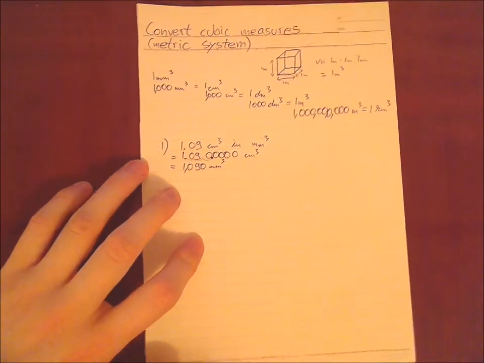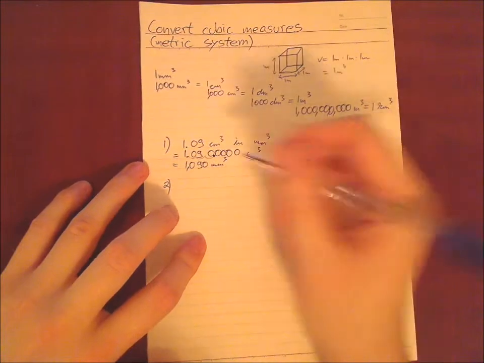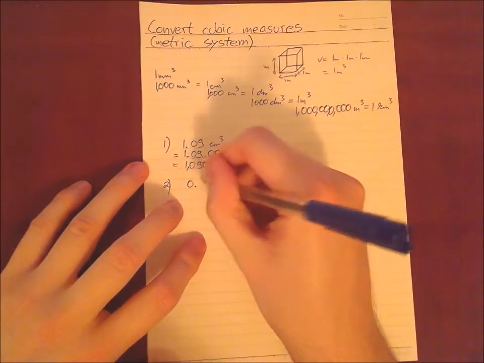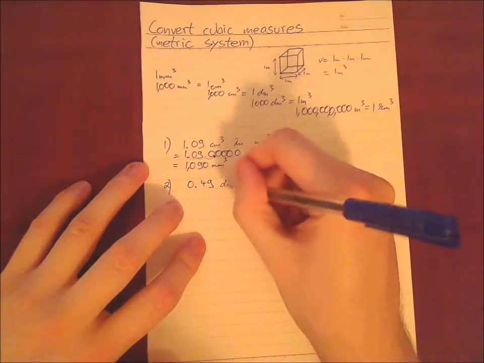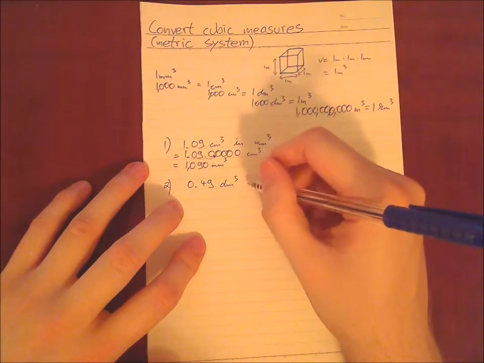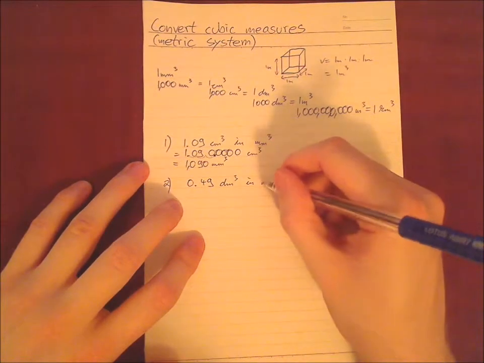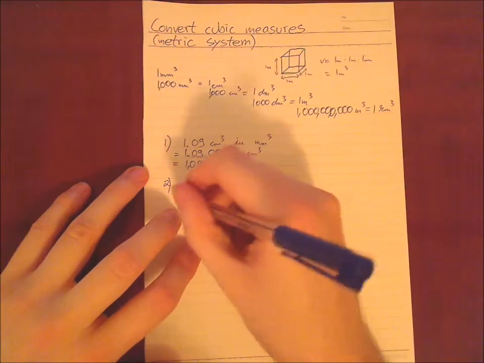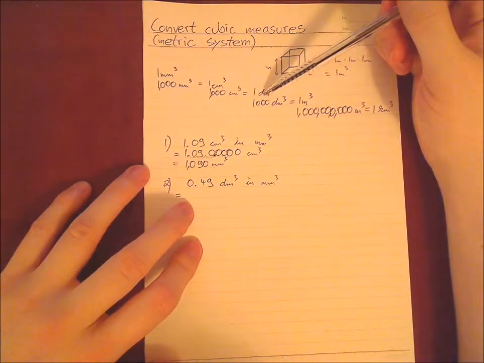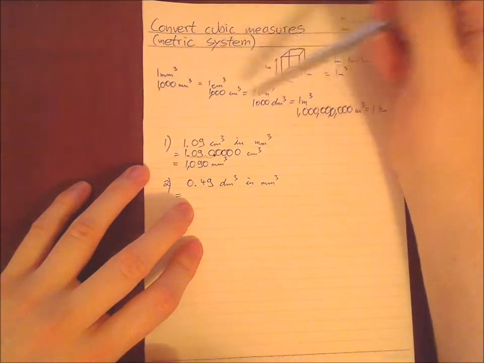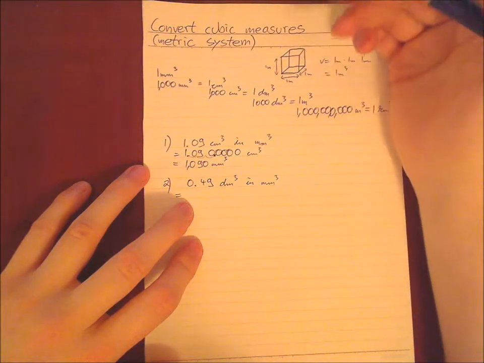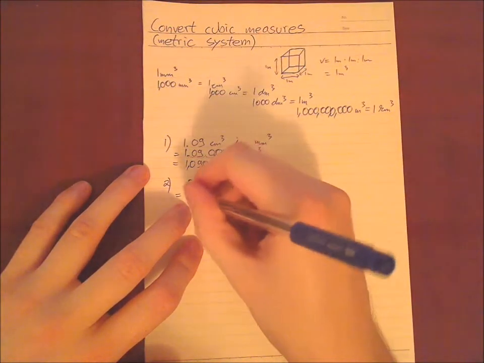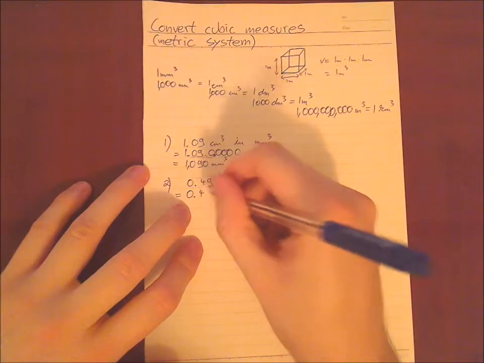And so we end up with 1090 cubic millimeters. That's how it works. Then another example, we have 0.49 cubic decimeters. We want to have it in cubic millimeters. Cubic decimeter, cubic millimeter, 2 steps. So two steps means we have to add 6 zeros, or to move the dot by 6 digits.